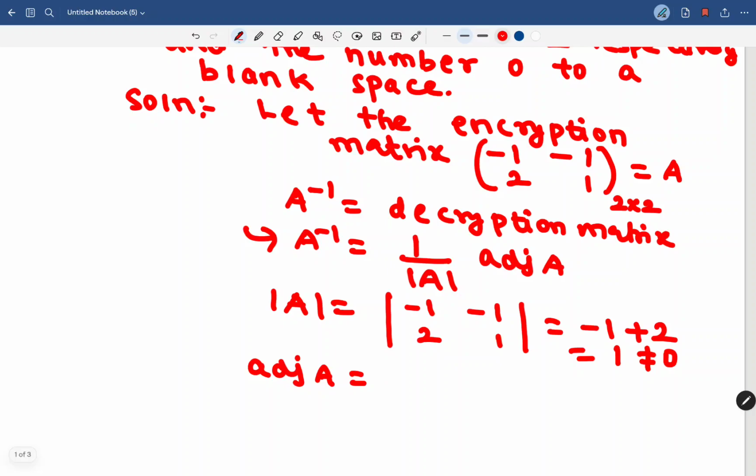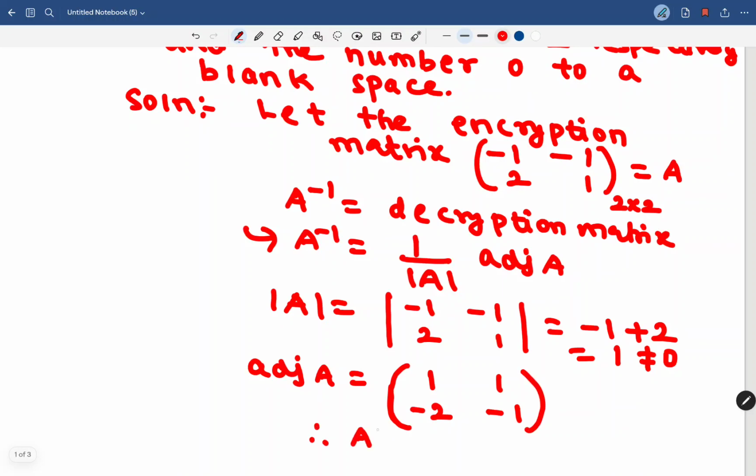First of all, write the diagonal values by interchanging their positions. Minus 1 becomes 1, 1 becomes minus 1, and write the remaining elements with opposite signs. This is our adjoint A.